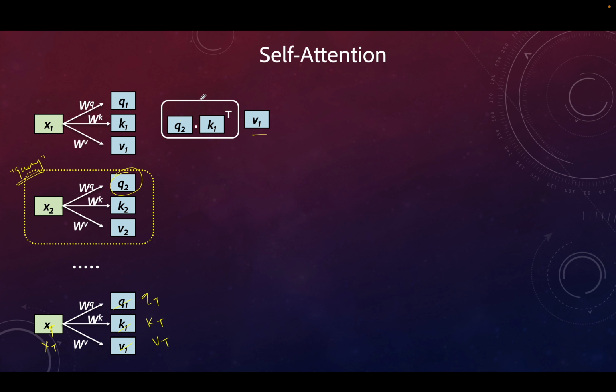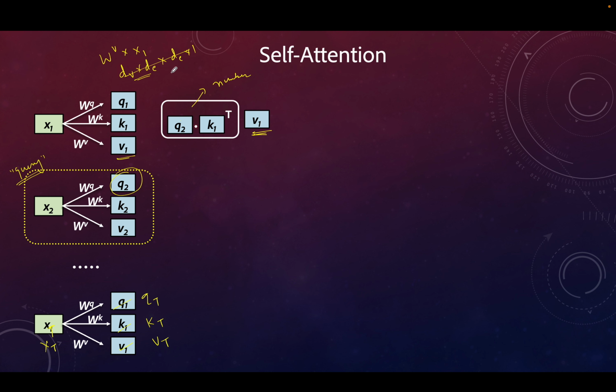This dot product will be a scalar number, and then when we multiply by v1, which is nothing but Wv times x1, it gets the dimension of dv cross de multiplied by de cross 1.